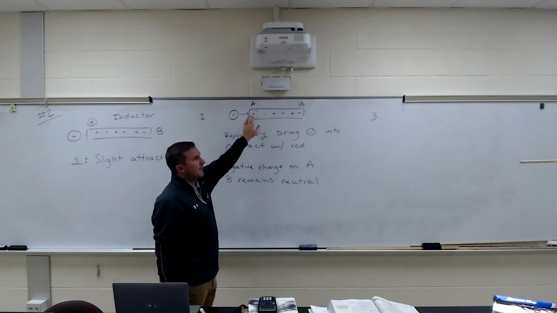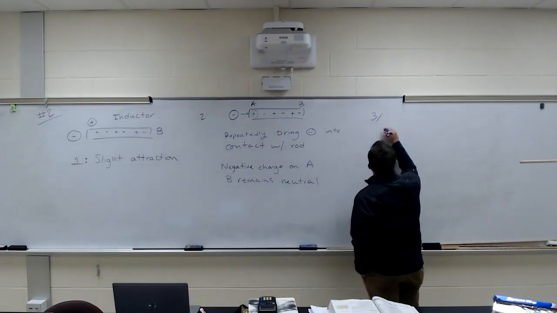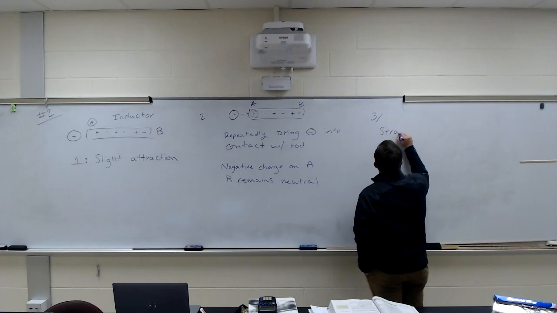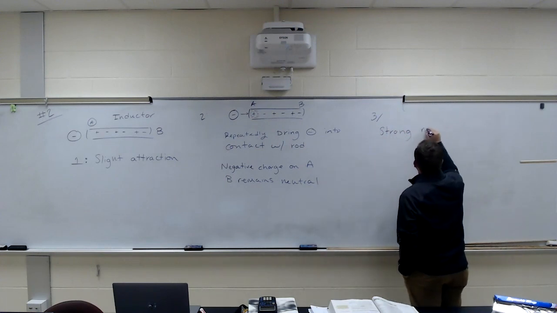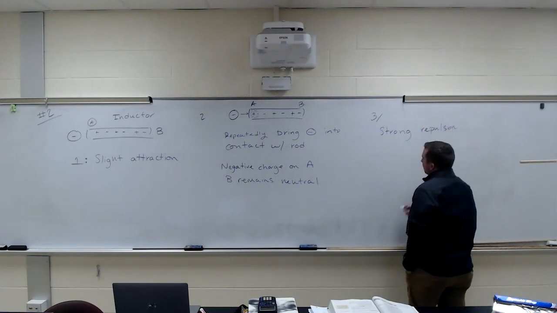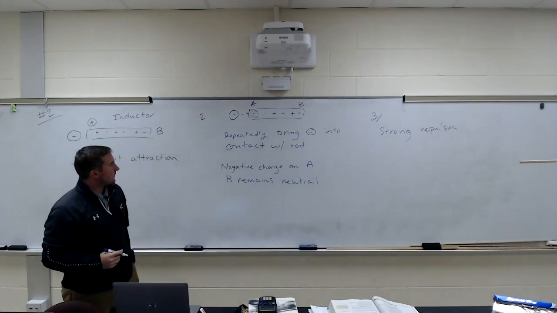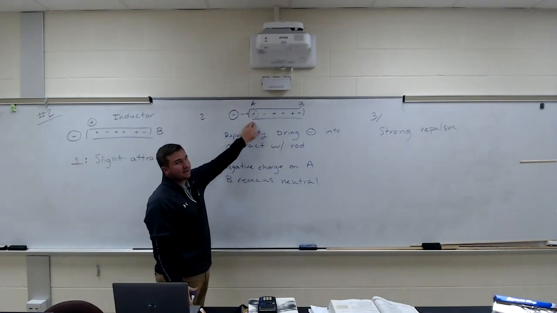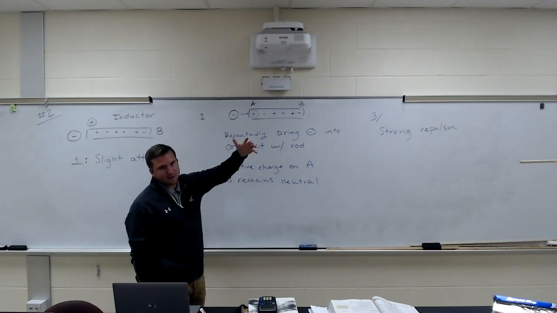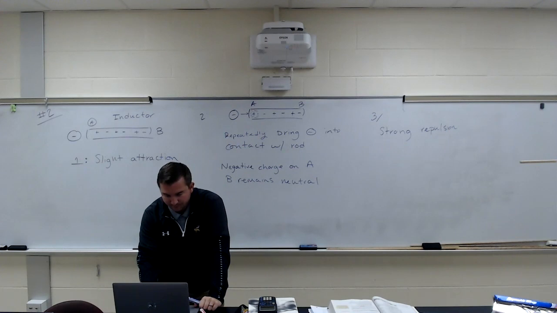So we have a negative and a negative. Negative and negative would make a strong repulsion, right? They should be strongly repelled because we have a lot of negative charge on A, and a negative charge right there. Negative and negative gives us repulsion.